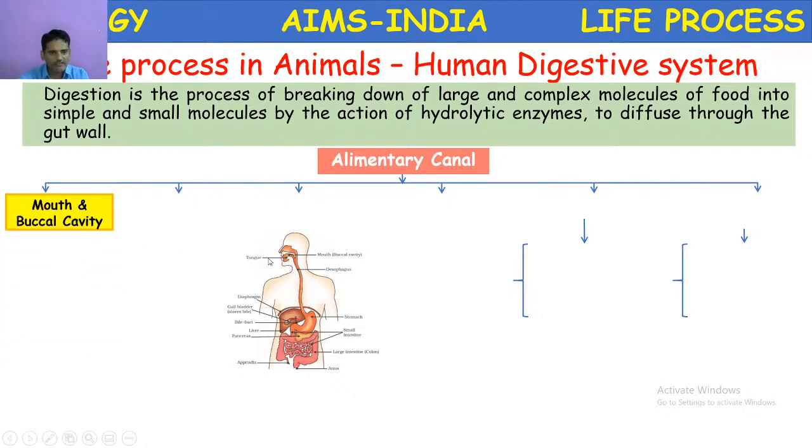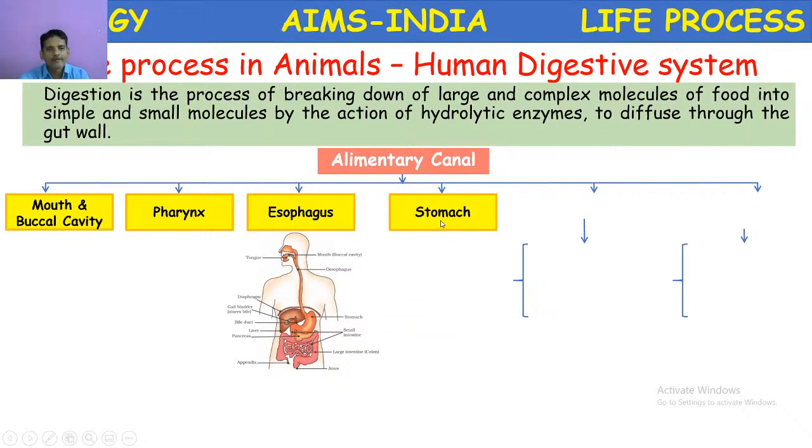Mouth and oral cavity, or buccal cavity. Next, pharynx. Next, esophagus, a long tube-like structure, also called the food pipe. Next, stomach.